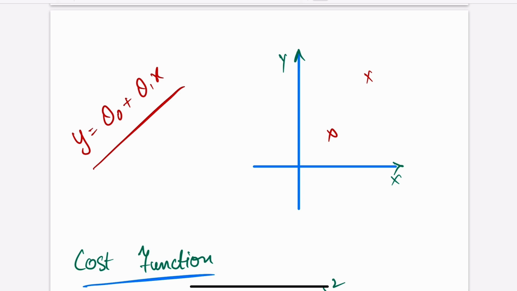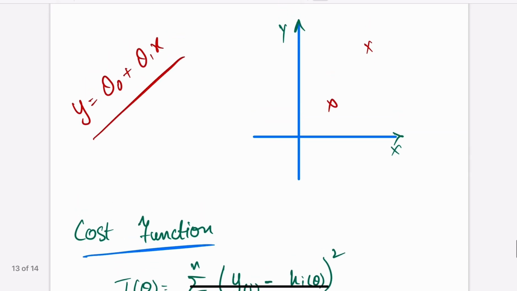By decreasing the cost function, we are trying to draw what is called a best fit line. We'll be trying to draw a line which will have minimal error between these training points.